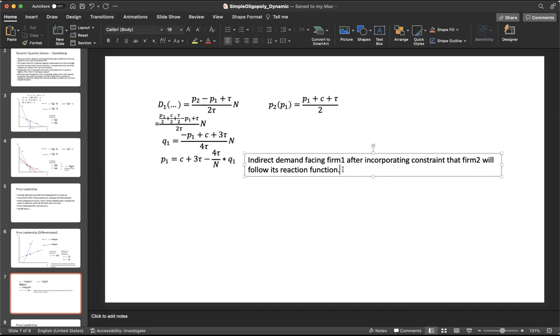And then all you have to do is maximize profit, or find MR equal to MC. That will give you a quantity, Q1 star, which is now equal to 3n/8.